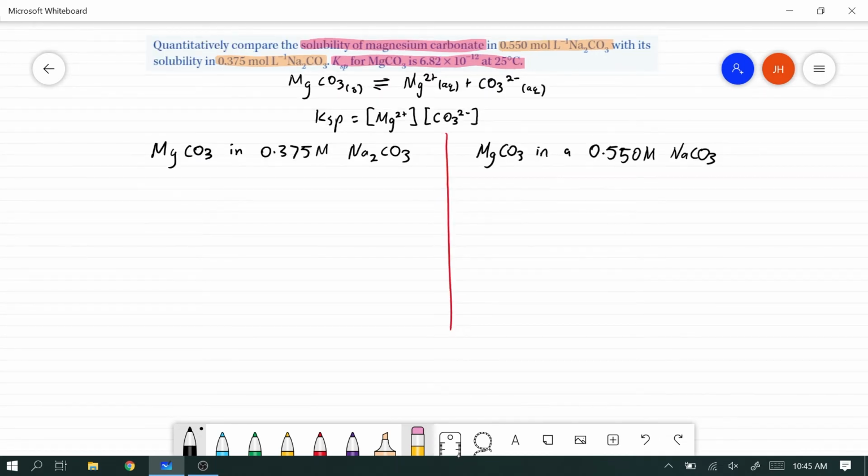Now, what I want to do first for both of these is draw up an ice table for all of our ionic components. Again, that's for our magnesium carbonate, our magnesium ions, and our carbonate ions.